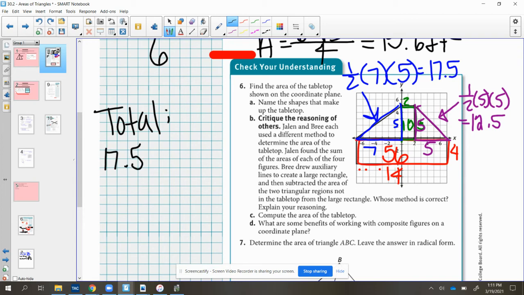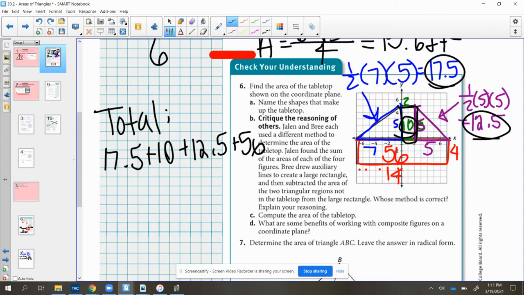The 17.5, the 10 of the rectangle here, the 12.5, and then of course the 56, right? We're basically adding up these four areas for a total area of 96 square units, or units squared.